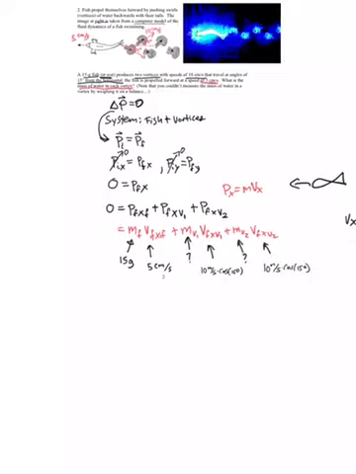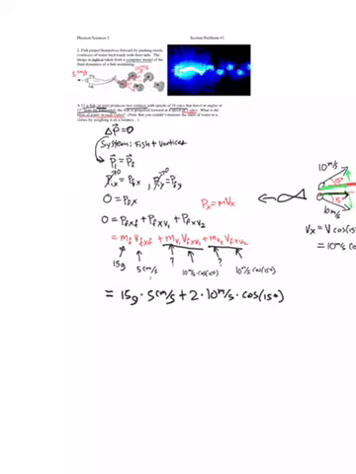And so we can simplify this whole thing: 15 grams times 5 centimeters per second, plus, since these two terms are identical, 2 times 10 meters per second times cosine of 15 degrees, multiplied by the mass of a vortex.